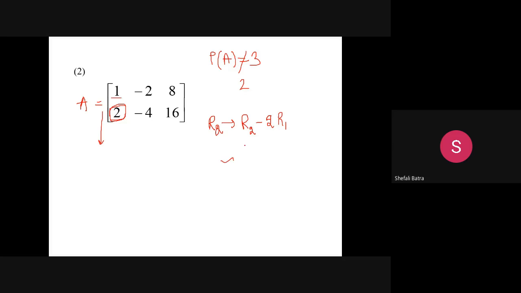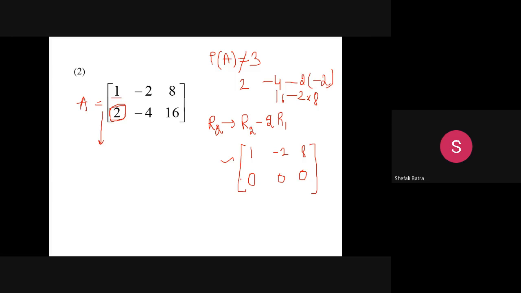right? And that is equivalent to 1 minus 2, 8, 2 minus 2, 0. For this, R2 is minus 4, minus 2, and then minus 2. Minus 4 plus 4, it is 0. And then again, 16 minus 2 into 8, 16 minus 16, it is 0. You have converted this into row echelon form, right?